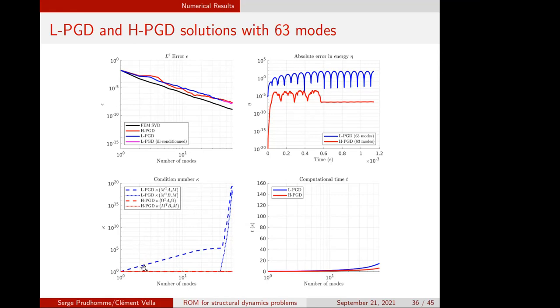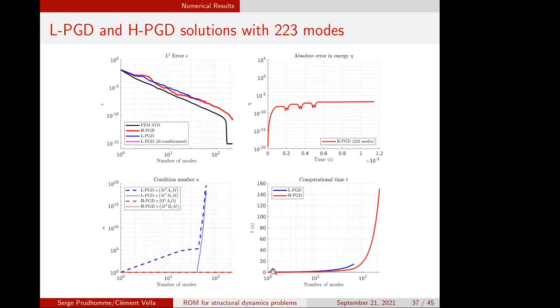And for this problem, again, we see that the condition number, kappa, has a bad behavior for the matrix with respect to the Lagrangian. What is amazing is that for the Hamiltonian, the condition number remains always the same and close to 1. So that would be perfect.